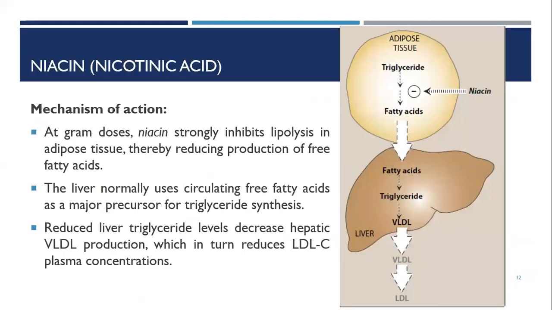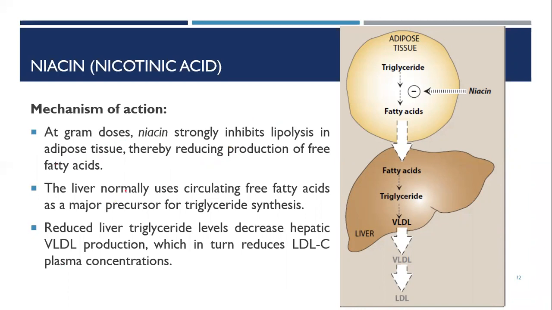Now niacin, or nicotinic acid. Okay, so let's see the mechanism of action. At gram doses, niacin strongly inhibits lipolysis in the adipose tissues. What is lipolysis? Lipolysis is the breakdown of lipids, the breakdown of the storage form of lipids. Thereby they reduce production of free fatty acids.